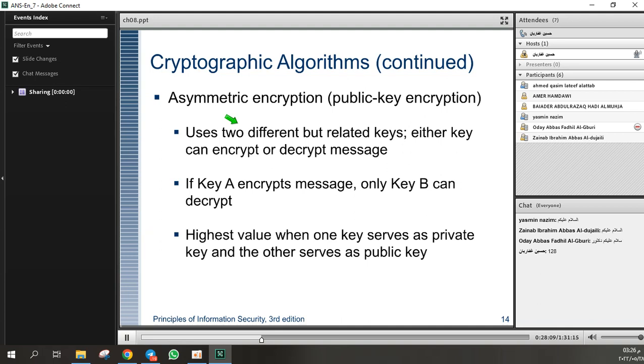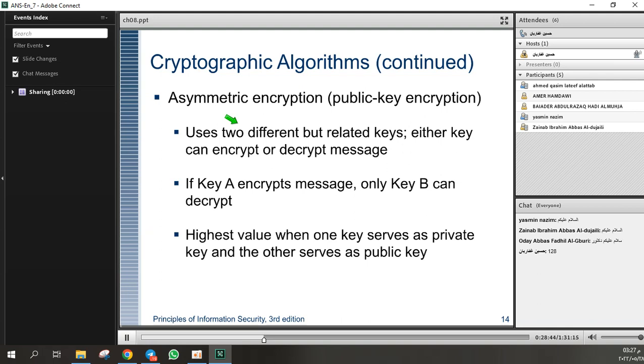When I want to send a message, for example, to Alice, I use Alice's public key to encrypt my message. So my message is encrypted using Alice's public key and sent through the network to Alice.